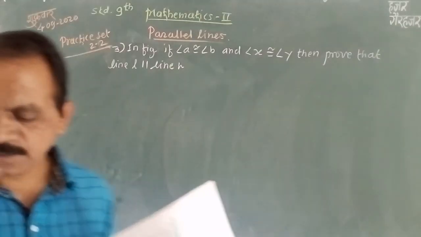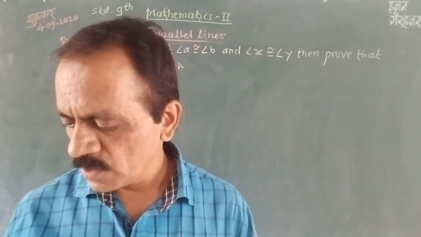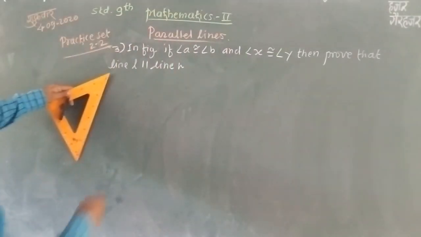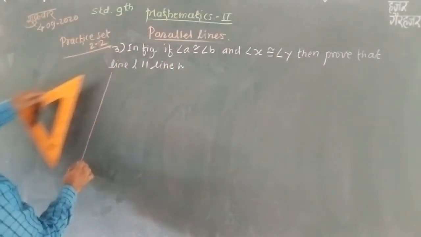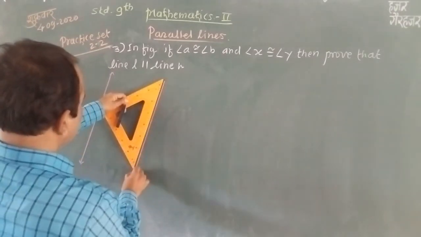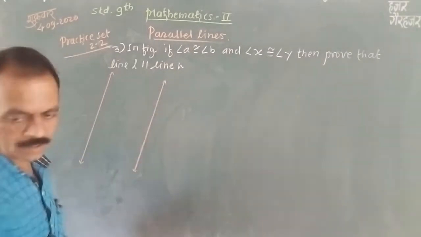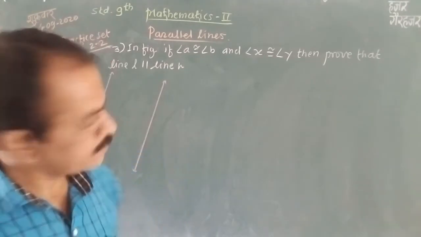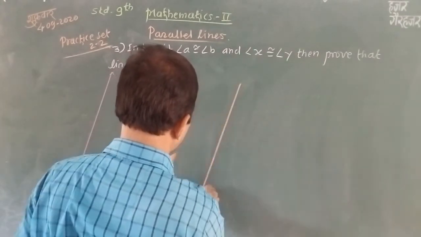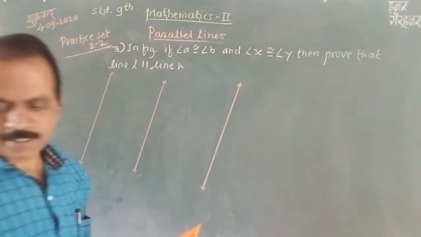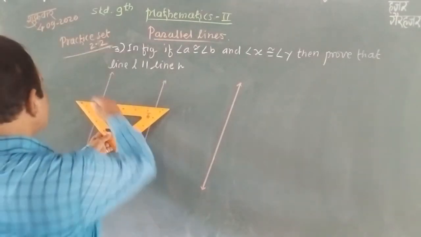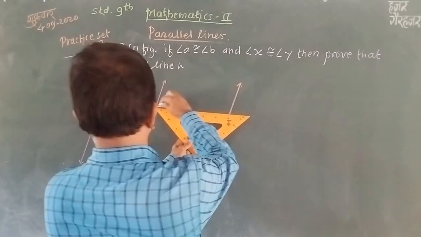So we draw the figure of it as required. These three lines we draw first. This is the first, this is the second, and another line is apart from a distance, and a transversal of these three lines. Here is a transversal, one line we draw.